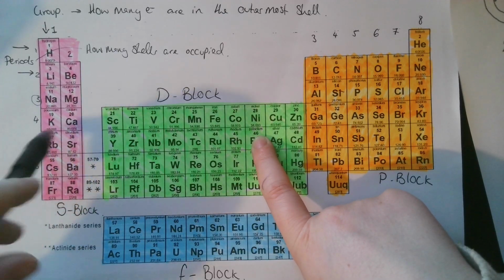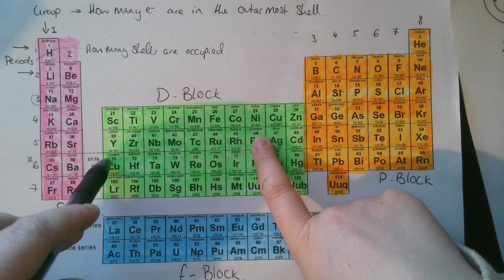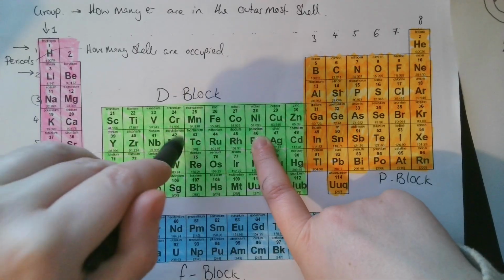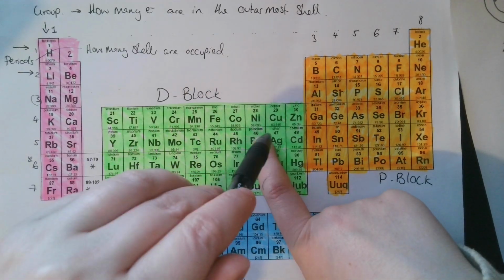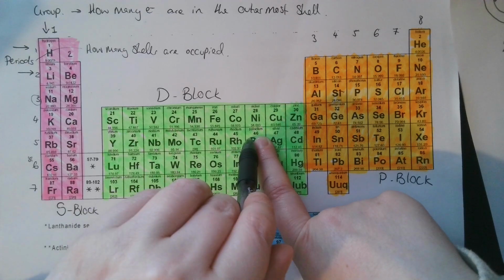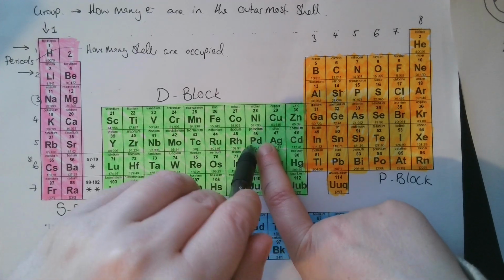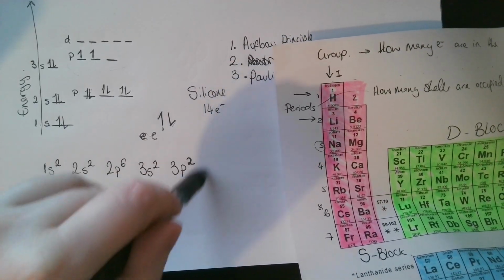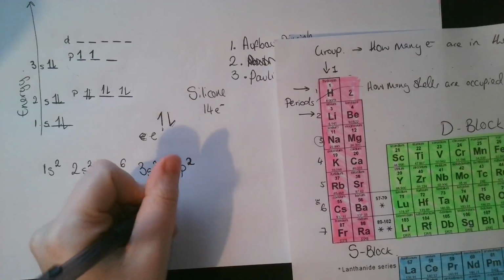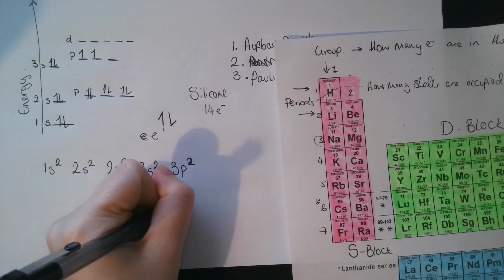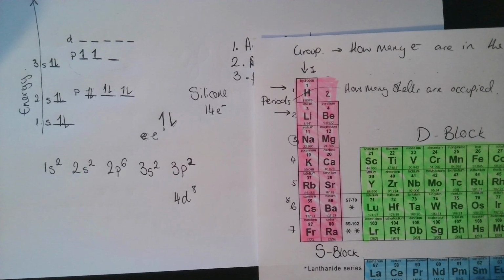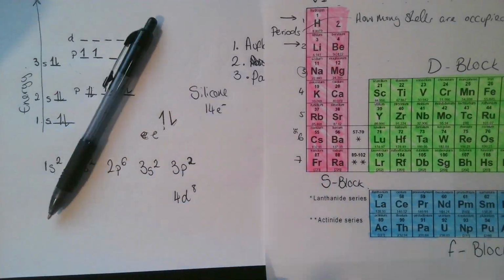I know it says 5 there, there's a reason for that. I'm saying 4. And it has 1, 2, 3, 4, 5, 6, 7, 8. So its very last bit would be 4d8. And you can check that on Google.